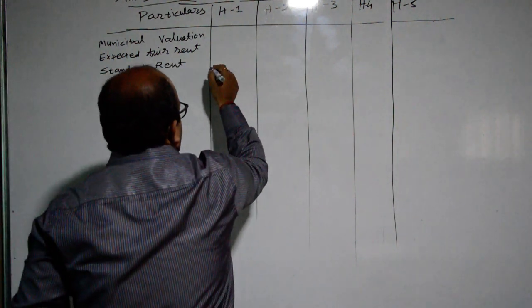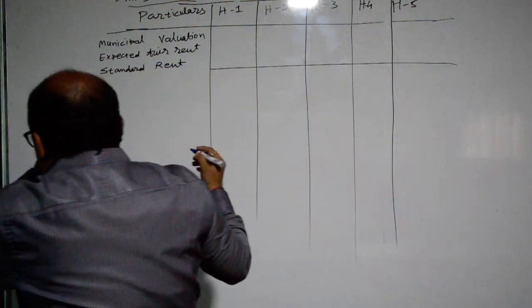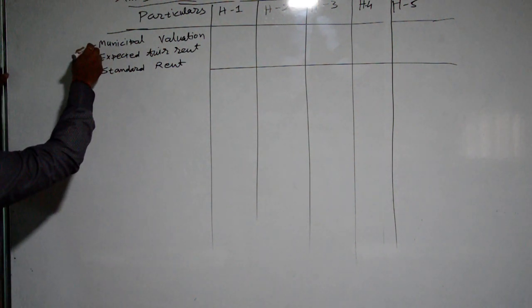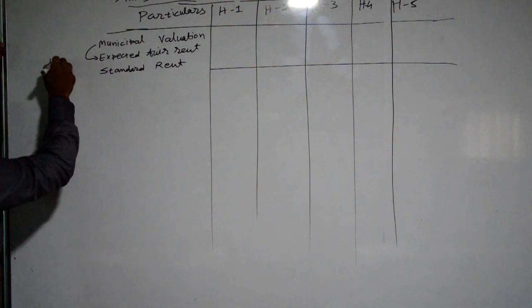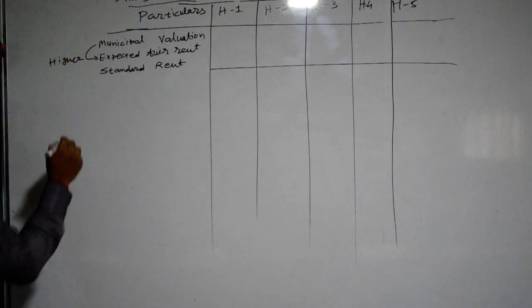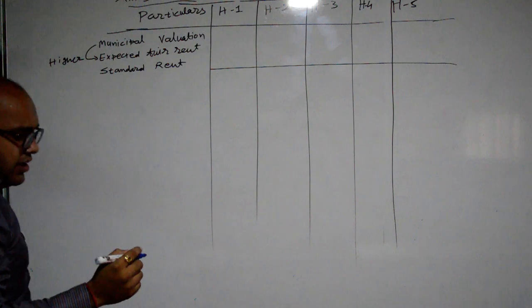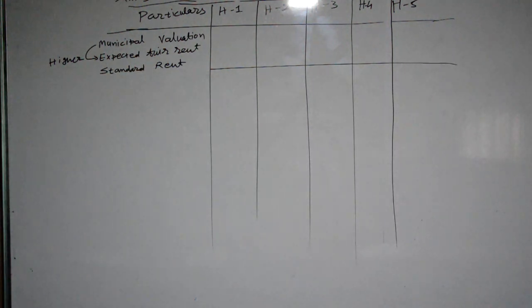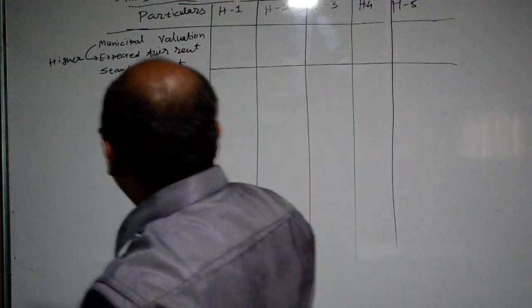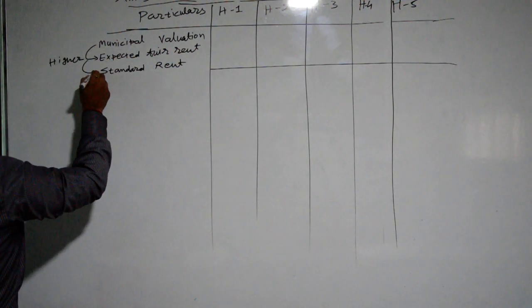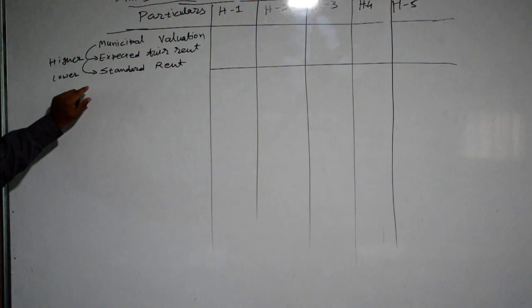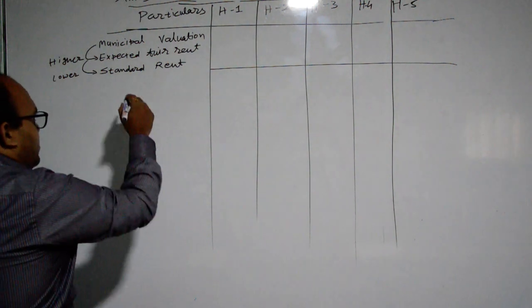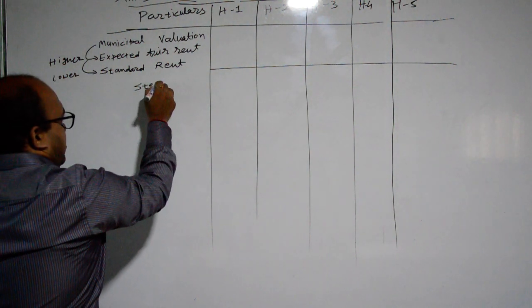From these three components, first we have to compare the first two components and select the higher value. Then the selected amount will be compared with standard rent, and here we will consider the lower amount. Okay, that will be our step number 1.